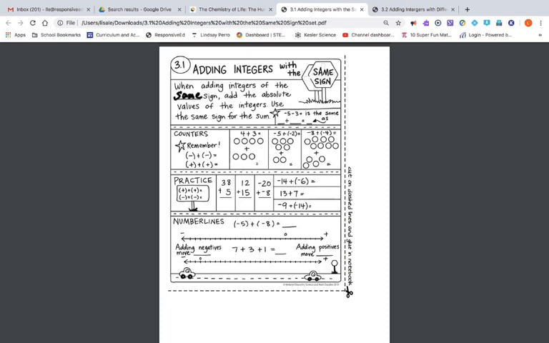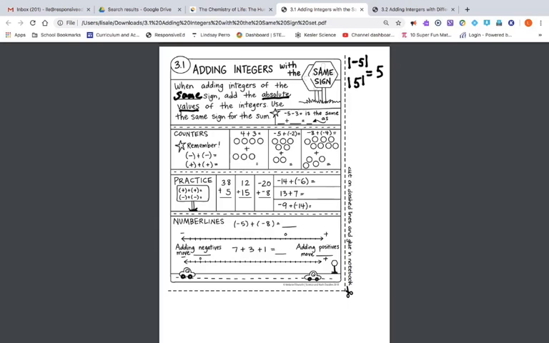So when they are the same sign, you're going to add the absolute values of the integers. Now remember absolute value. If I have the absolute value of negative 5, or the absolute value of 5, they both equal 5, because I am just talking about the distance of a number away from 0. It doesn't matter if it's negative 5 or positive 5, they are both 5 units from 0.